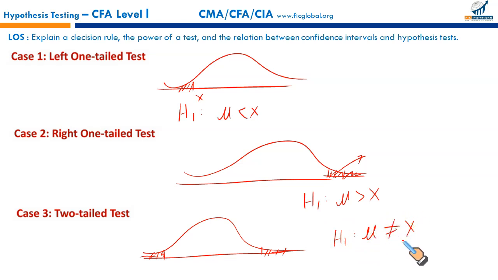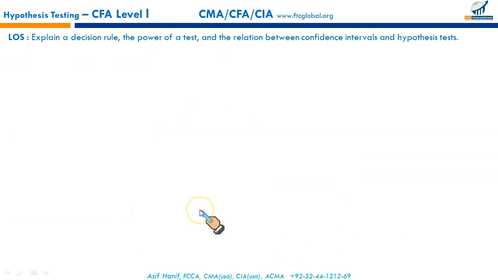So the decision rule here is reject the null hypothesis if the test statistic is greater than the upper critical value or less than the lower critical value. So if the result falls within this region, then reject the null hypothesis. Otherwise, do not reject the null hypothesis.